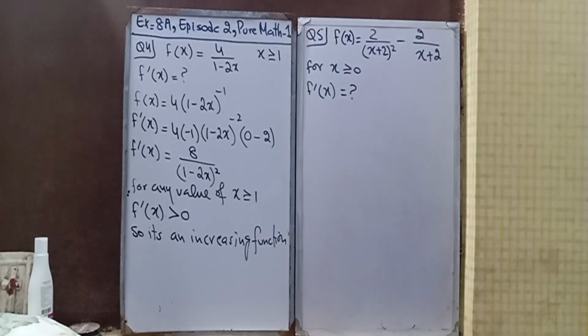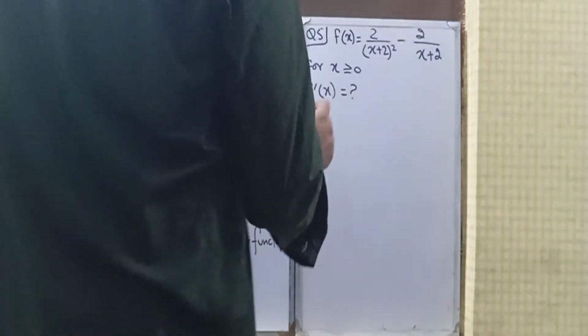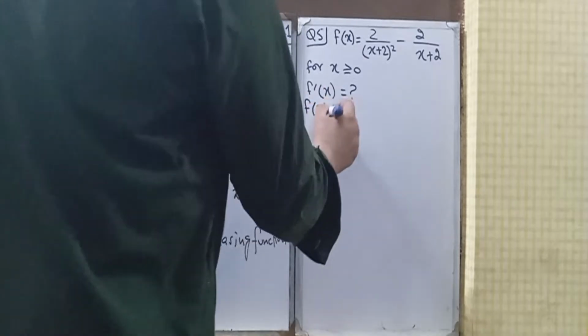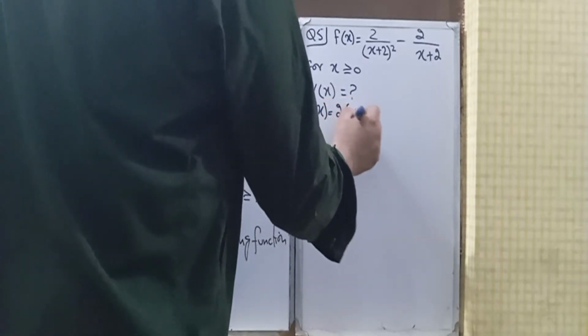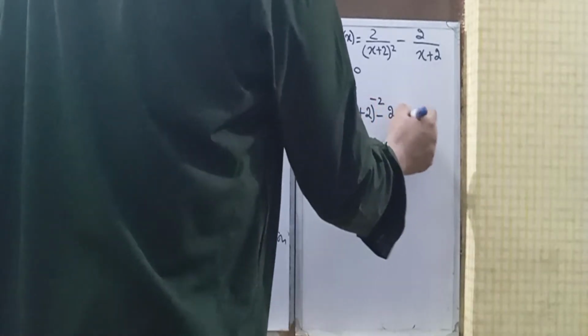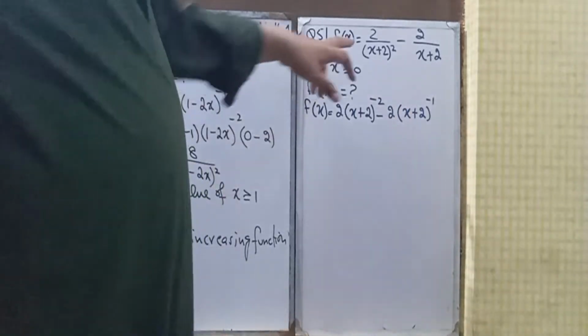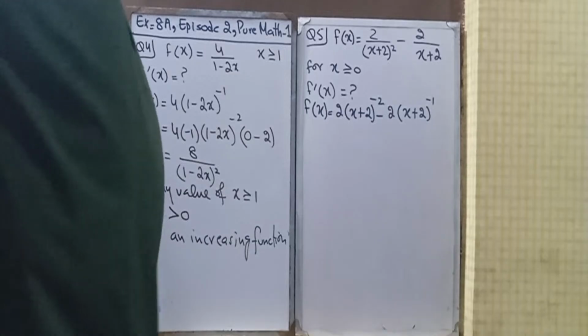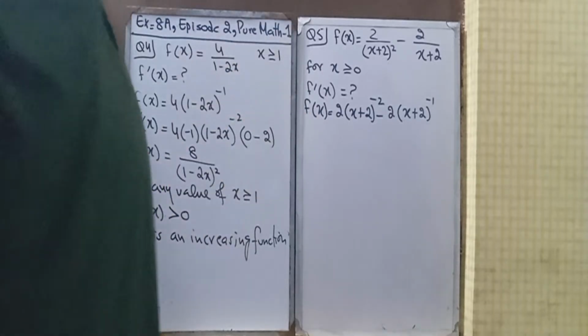So first of all, let me find the derivative. Let me write f of x equals 2 into (x plus 2) raised to power minus 2, minus 2 into (x plus 2) raised to power minus 1. I have converted this expression into a friendly form, so the derivation can be easy.